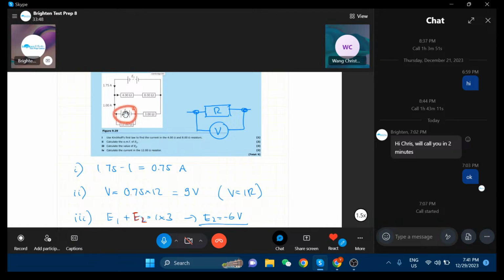So we have already configured the voltage, so we don't have to go further anymore. I see kind of what you're doing, but you can already say, I calculated already the voltage here, or the EMF actually. So this is a given.